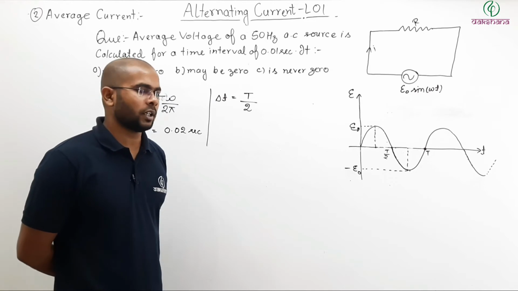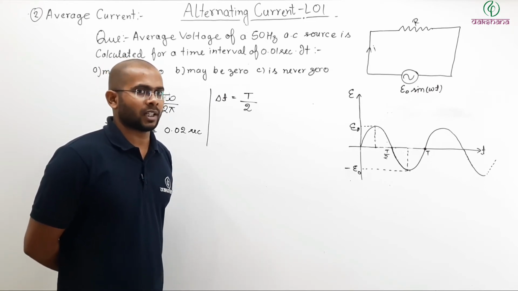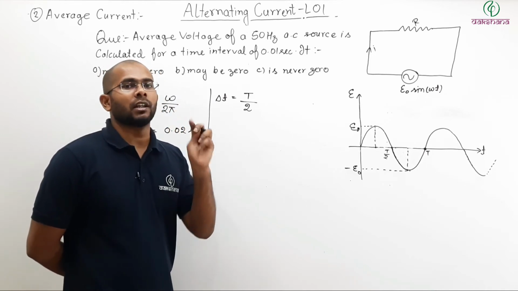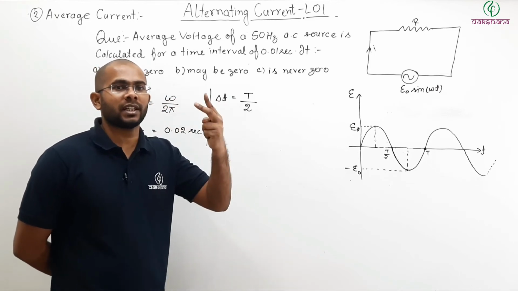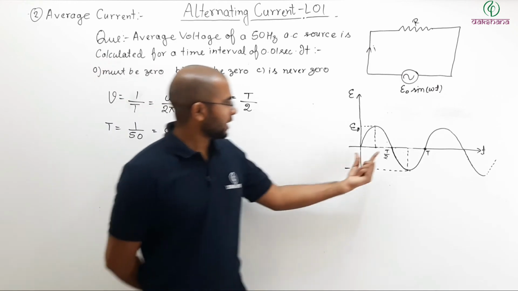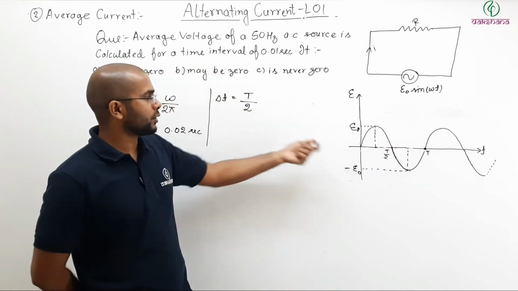Now pay attention. We have already solved a question like this in the last question. There the time period was 4 seconds, and my time interval was 2 seconds. Time period 4 seconds, time interval 2 seconds. Here let us say this is 0.01 second, this is 0.01 second.